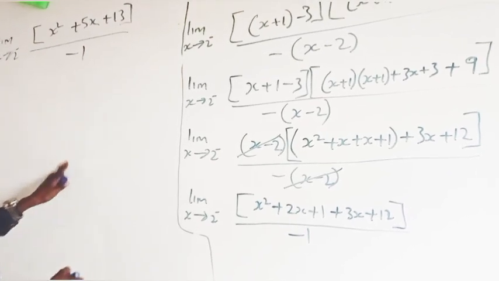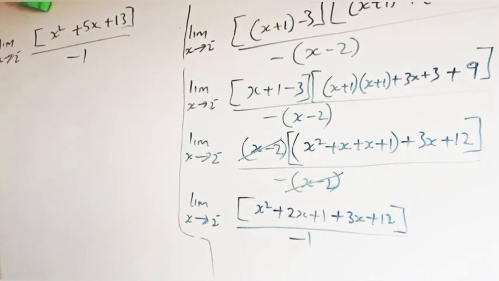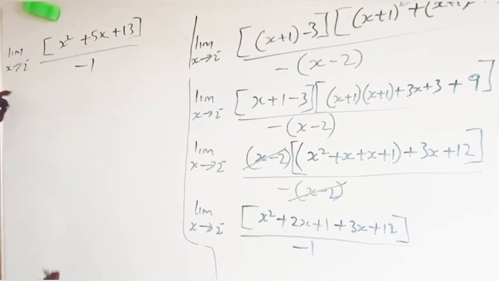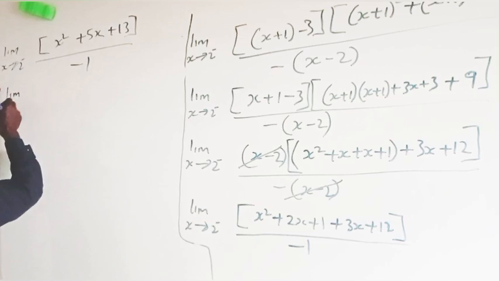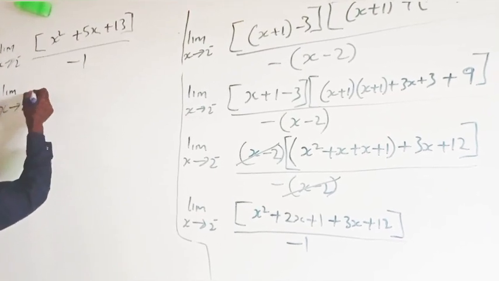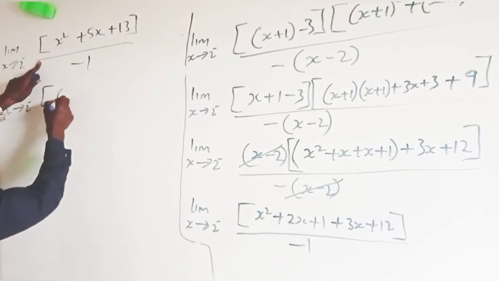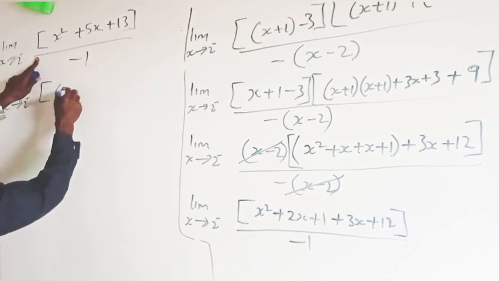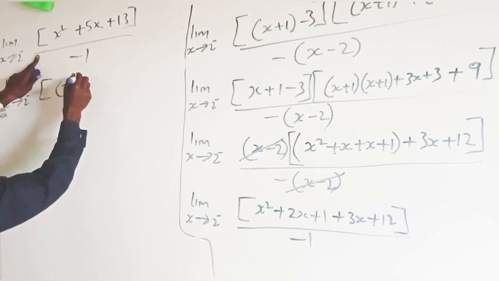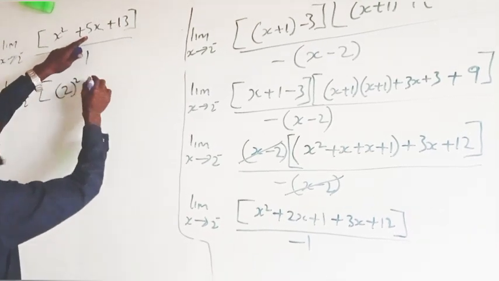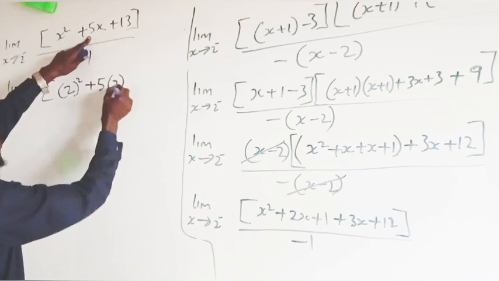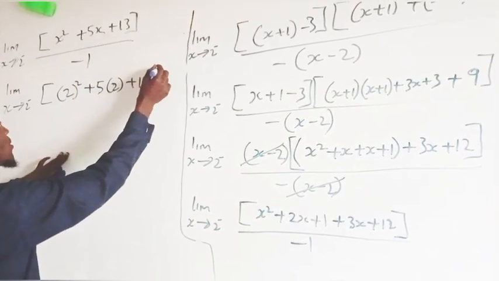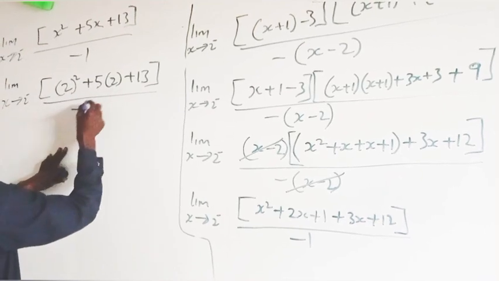So all we need to do is substitute minus 2 for the x variable. We're going to have minus 2 raised to power 2 plus 5 bracket minus 2 plus 13, everything over minus 1.